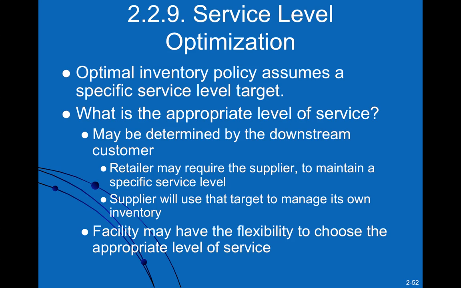And so, say Walmart could be saying that to its distributors, and then they would have to make sure they stock inventory in such a way that Walmart does not run out of stock more than 2 or 3% of the time. All right. So retailers may require the supplier to maintain a specific service level, and the supplier will use the target to manage its own inventory, and the facility may have flexibility to choose the appropriate level of service. Sometimes that happens, not always.